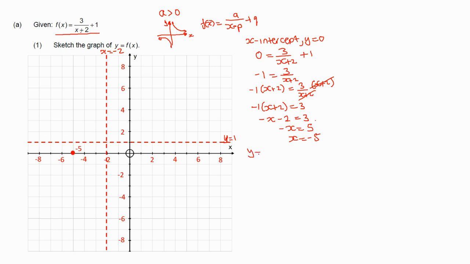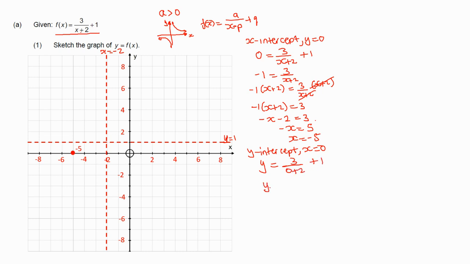For the y-intercept, x is equal to 0, because along the y-axis x is equal to 0. So where there's x, we put 0. Remember, f of x is our y: 3 over 0 plus 2, plus 1.